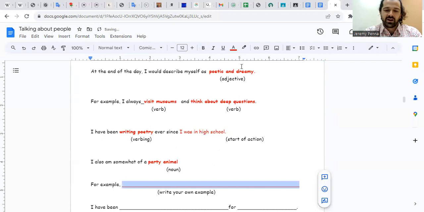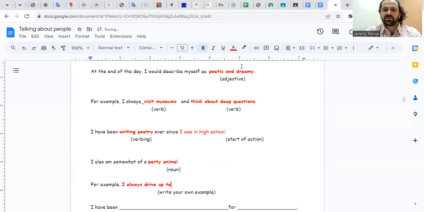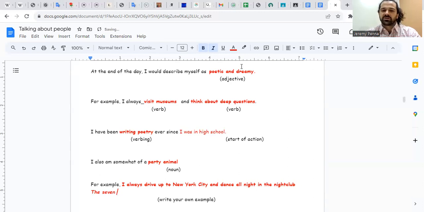For example, I always drive up to New York City and dance all night in the nightclub. Now I have to think of the name of the nightclub. I don't know. Seven Stars. How's that for a nightclub name?